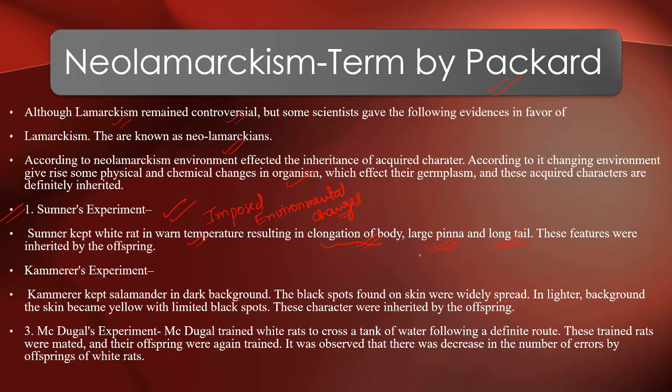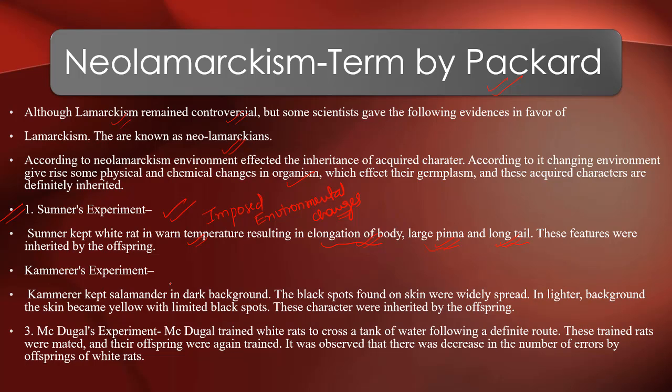This experiment is trying to tell that some environmental changes actually change the DNA, and if the DNA is changed, then the offspring will also reflect that change in the form of a new character. But it is not that all acquired characters are always going to be inherited.